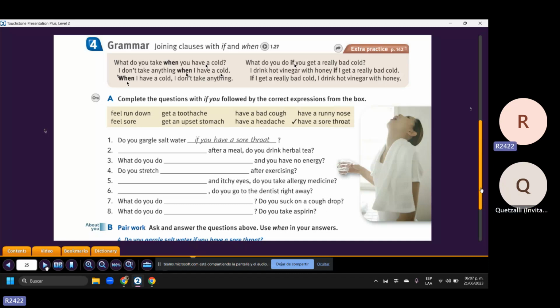What's the name of it? This is like pastilla para la tos. Because drop es gota, right? Y como verbo es dejar caer. Pero en este caso, en vez de gota, sería pastilla. So a cough drop, pastilla para la tos.